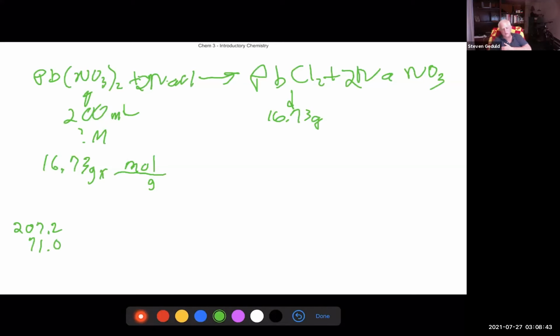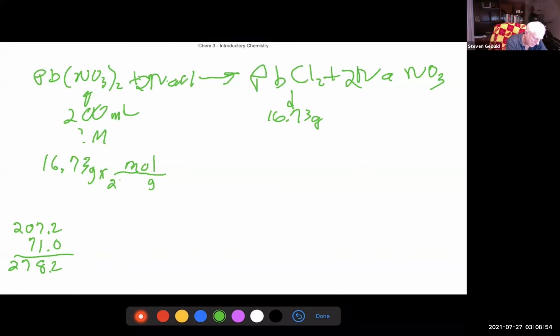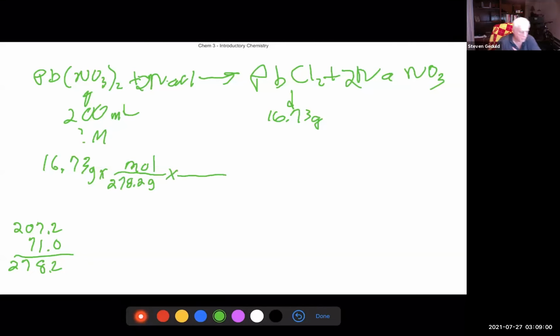Is that right? 35, 70, yeah, 71. So it comes out to 278.2 grams per mole, and that gives moles of lead chloride.